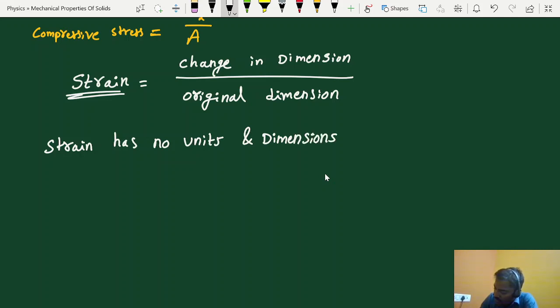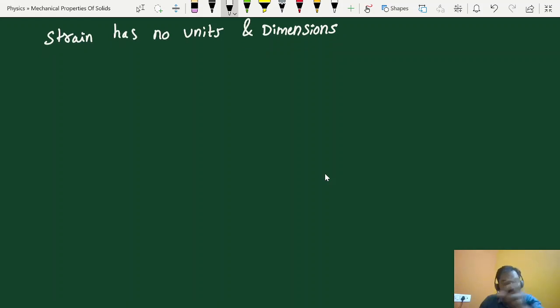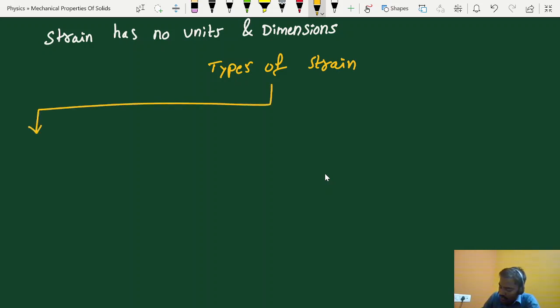Right, students? Depending on how the force acts on it, how the shape changes, we have again three different types of strain. Say the first one is longitudinal strain.